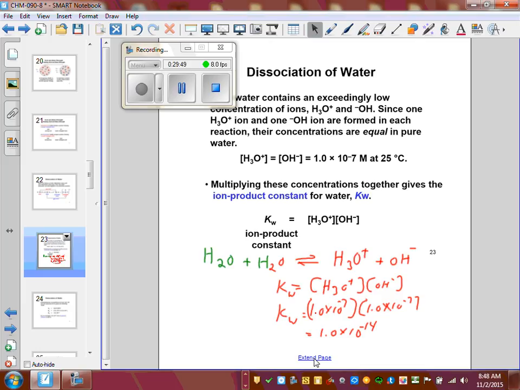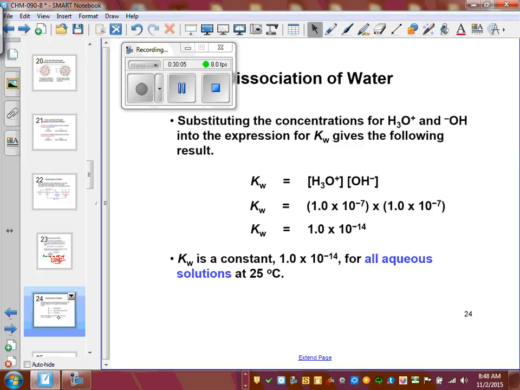That's the ion product constant of water. So that's a constant for all aqueous solutions at 25 degrees C. That's an important number to know.